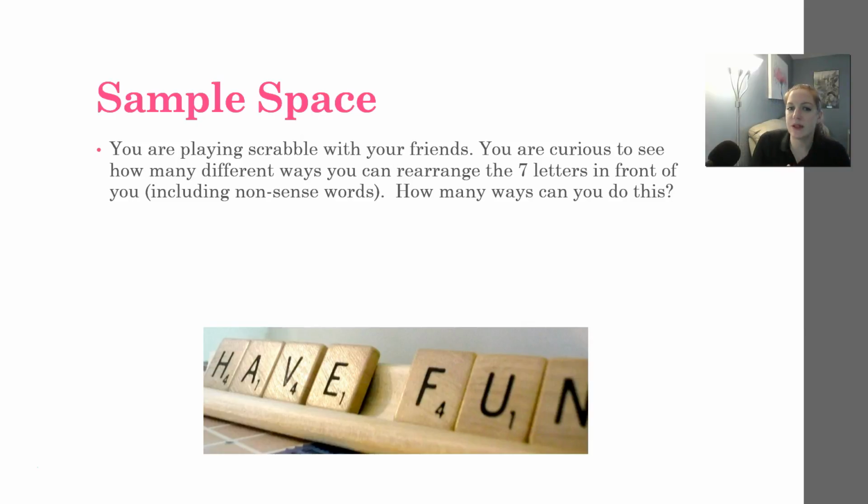For example, if you were playing Scrabble and you were trying to arrange 7 letters, just switching tiles between each other, keep in mind, every time you switch one tile, it's a completely new arrangement. So this is going to be a ton of outcomes, way too many to count.